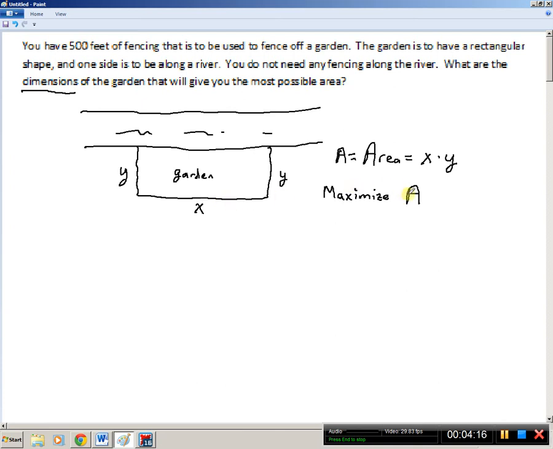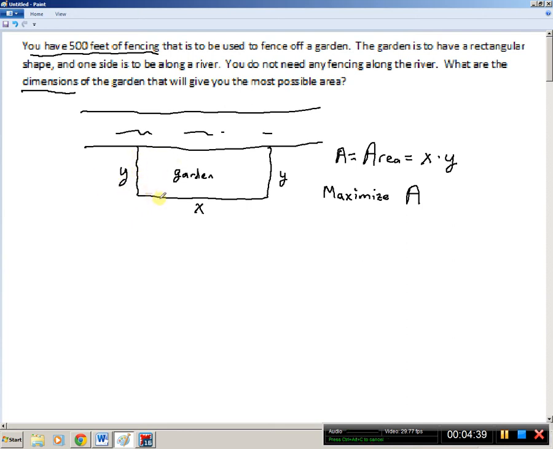Well, if I want to maximize the area, what's to stop me from building a garden that's really, really big vertically and really, really wide horizontally? Well, there's something in the problem that stops me from doing that. There's a constraint in the problem, and it's the very first sentence. You have 500 feet of fencing. So I can make it as long as I want, but you only got 500 feet to work with.